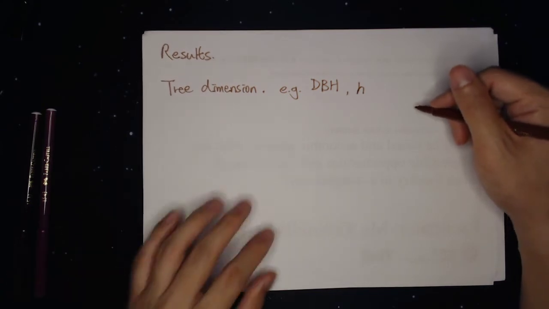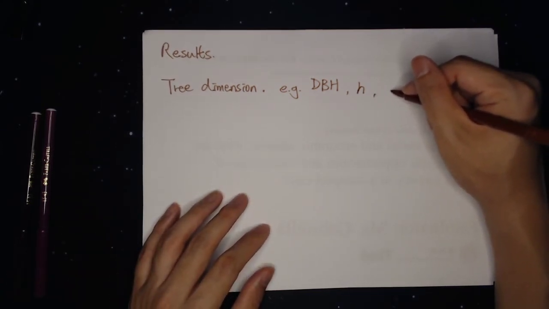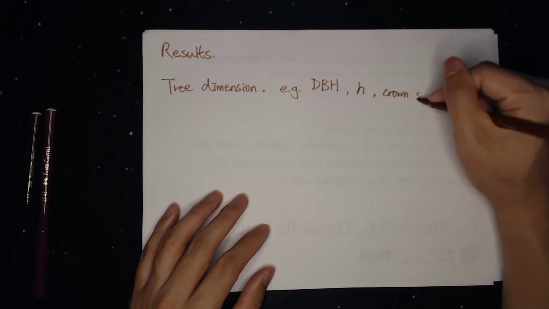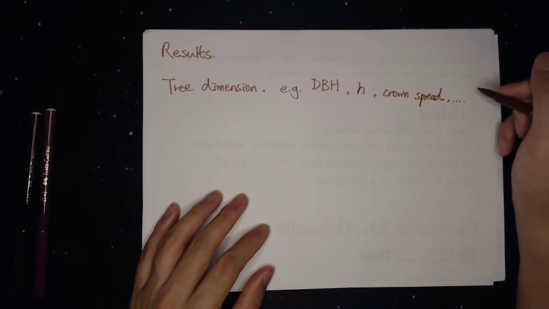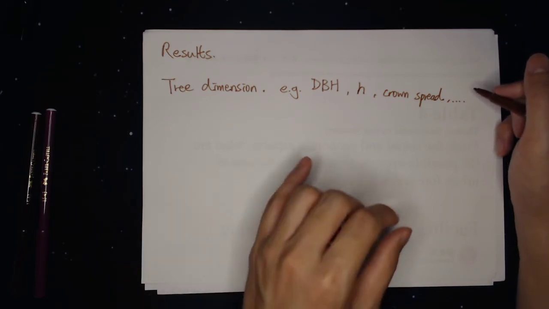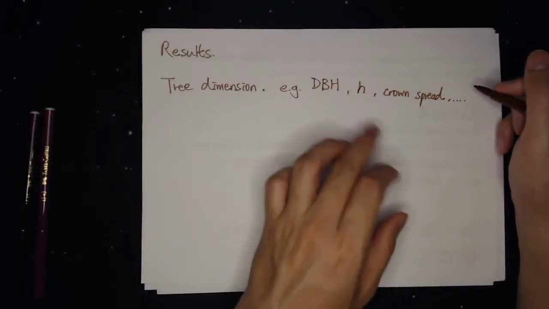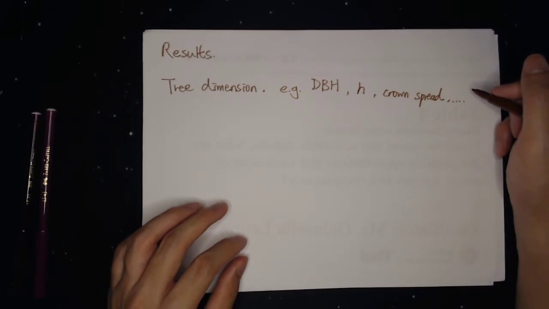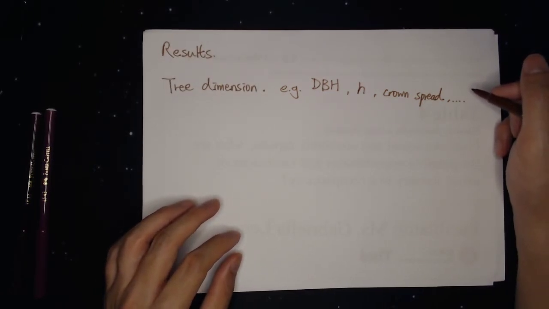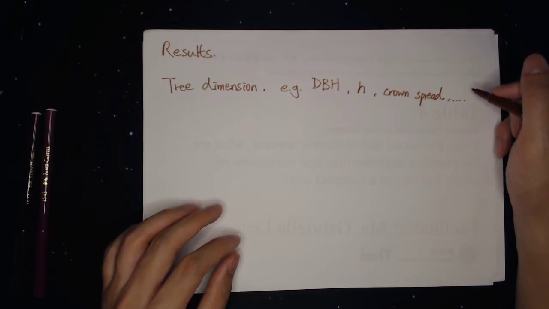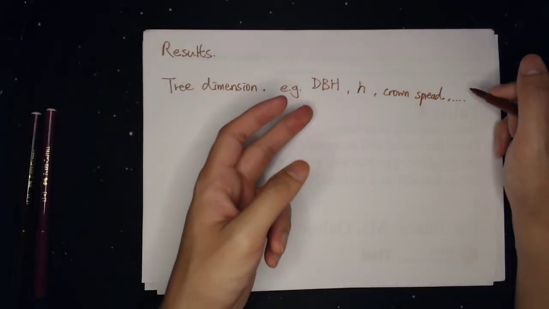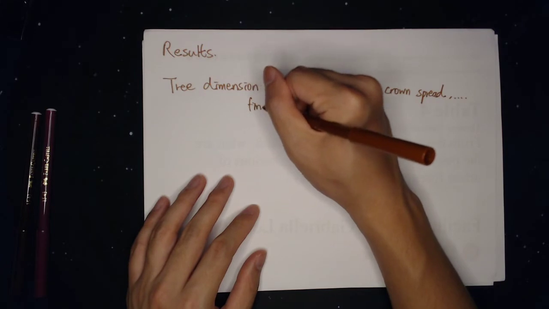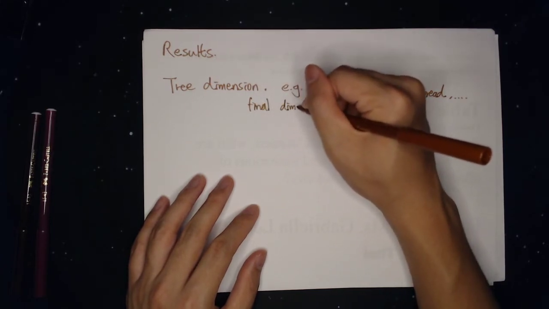You can compare them. Other important figures like crown spread, number of trunks, and so on. So you can just describe the tree dimension, and you can summarize. Perhaps after going through all those numbers, you can say that the tree is quite big or quite small, or you can tell me more information. For example, you can compare the dimension you find with the final size of a tree.